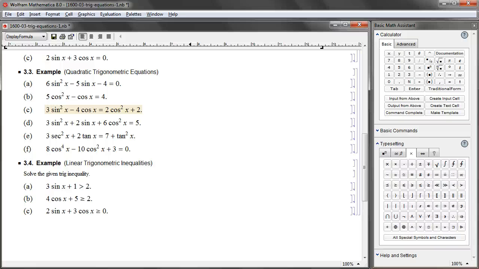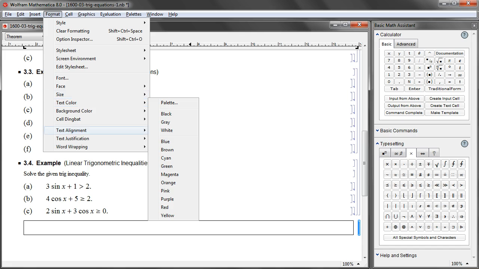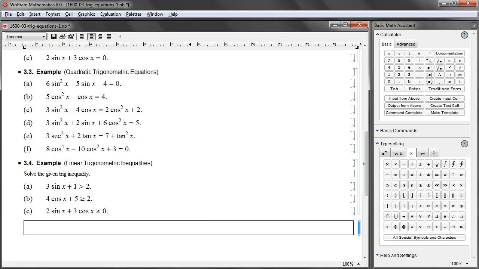Well, in this kind of problem, I'd like to give you 2 reminders. Reminder number 1 is this: cosine squared of x plus sine squared of x is equal to 1.